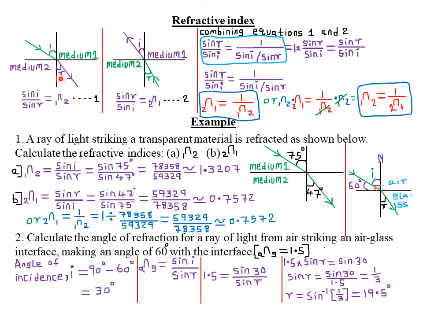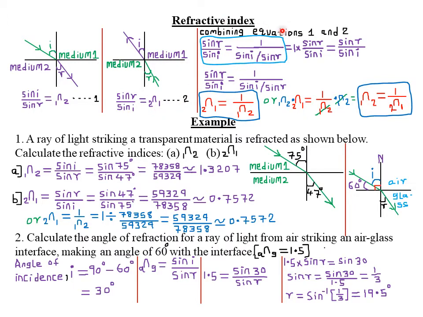But if we have the same ray moving from the downward direction as shown in this diagram towards the upper direction, then r becomes our angle of incidence and i becomes our angle of refraction. That's why sine r divided by sine i is equal to the refractive index of a ray moving from medium 2 towards medium 1, that is 2 to 1. So we let this be our equation 2.